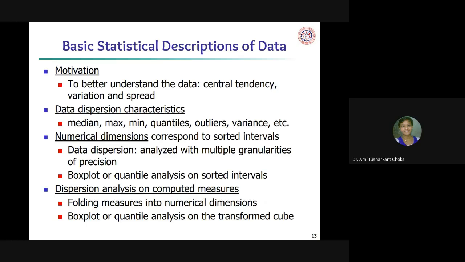Dispersion analysis on computed measures. That is folding measures into numerical dimensions. Box plot or quantile analysis on the transformed cube.